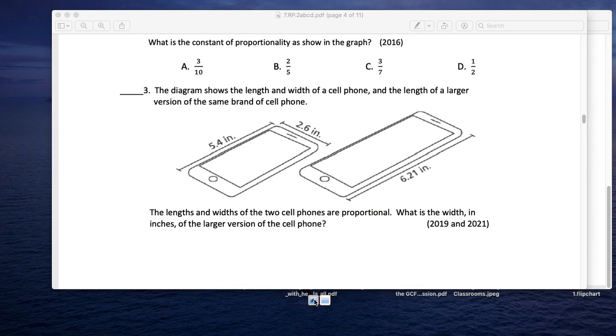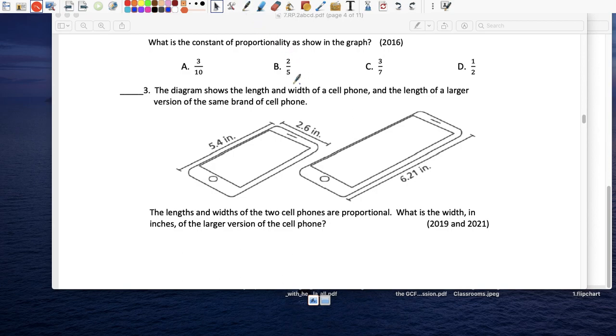What is the width of, okay, so again, we can set up similar figures, I forgot the name. So the ratio of 5.4 to x is the same as the ratio of 2.6 over 6.21, right? If they're similar, they are proportional.